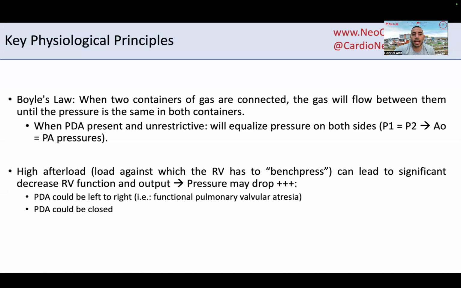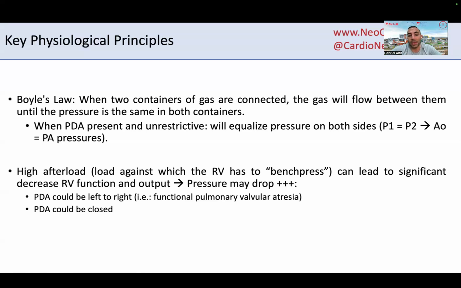We also know that high afterload, which means the loads against which the RV has to press, or bench press at the gym, for example, can lead to significant RV dysfunction and eventually compromise the output in the pulmonary artery. This will lead to a drop in the pressure within the pulmonary vasculature, but this may also occur in the context of high PVR.